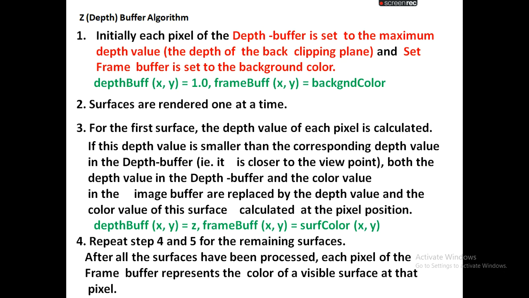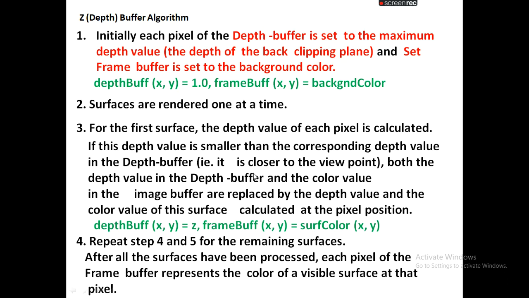So the frame buffer contains the background color for pixels that do not belong to surface S1, and for the pixels that belong to surface S1, the processor has assigned the red color. Now the frame buffer contains background color for a few pixels and red color for the others.